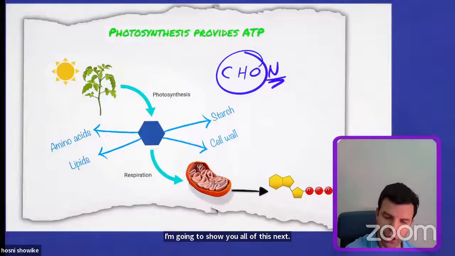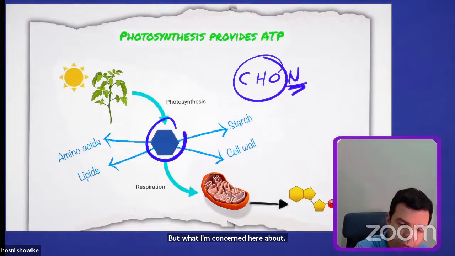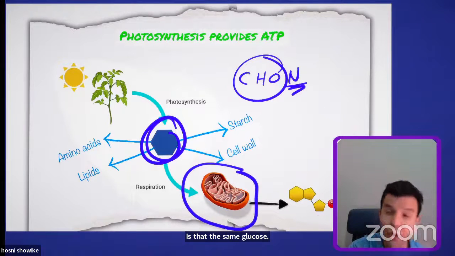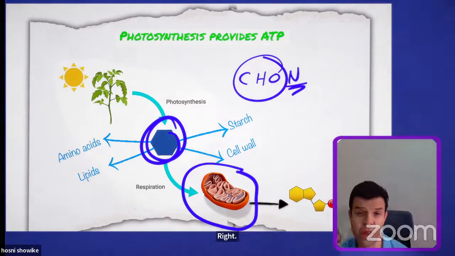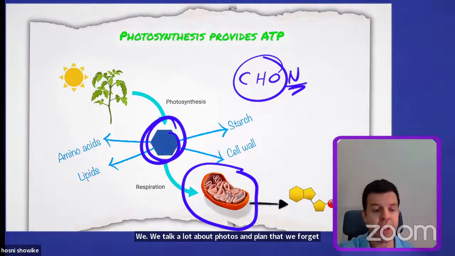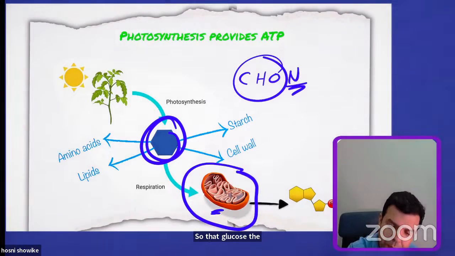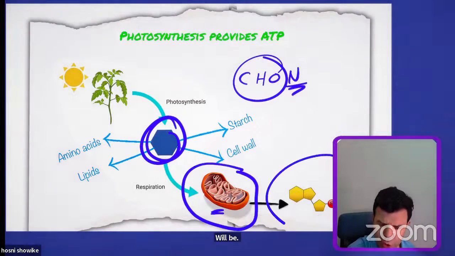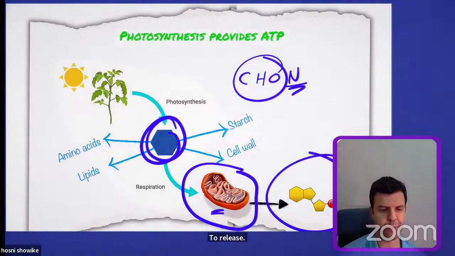But what I'm concerned about here is that the same glucose we've just made will be used for respiration, right? We talk a lot about photosynthesis in plants that we forget that plants actually respire. So some of that glucose that plants make will be respired, used in the mitochondria to release energy, to release ATP. Okay?